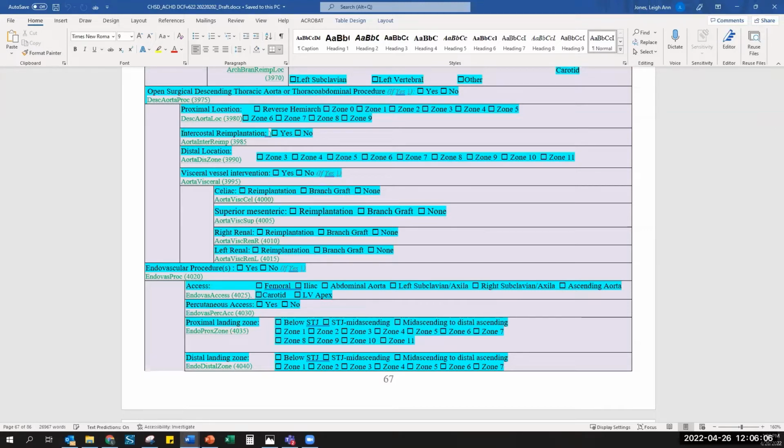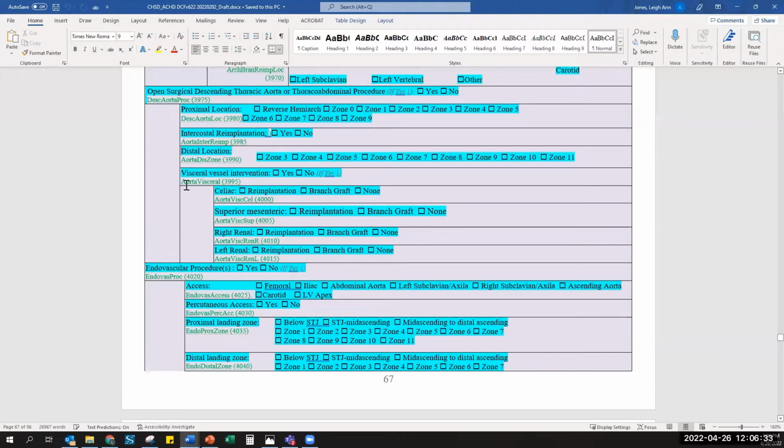This may or may not be done, so you have the option to answer yes or no there. Then the next question wants to know the distal location. So this is the distal extent of the aortic intervention. And again, you're picking zones where that distal zone or location was.